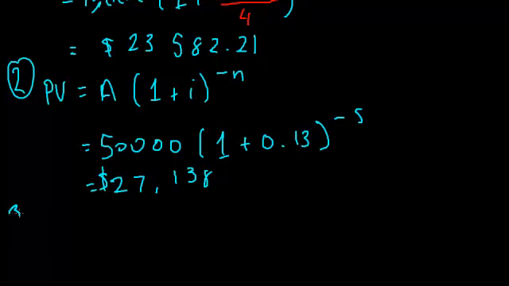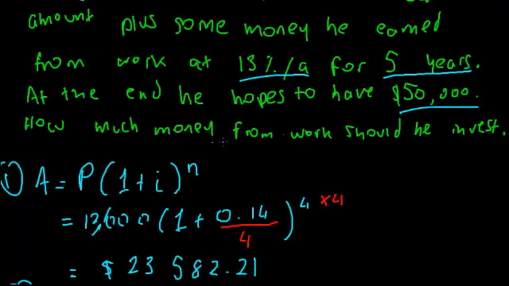Alright, so now part 3, we want to find out how much money he invested from work, which is exactly what the question asks for. How much money from work should he invest?